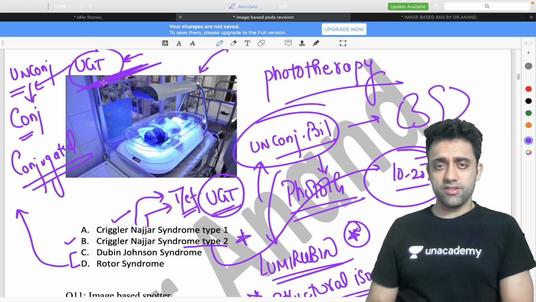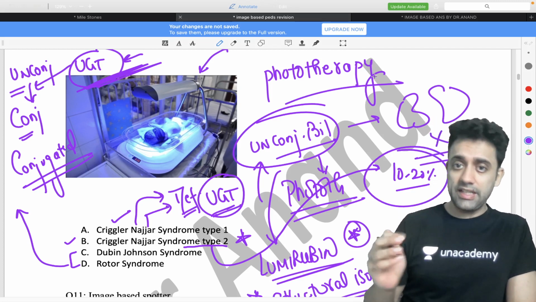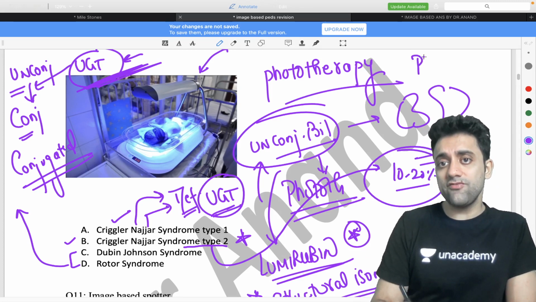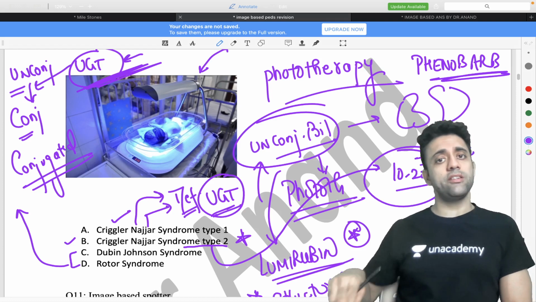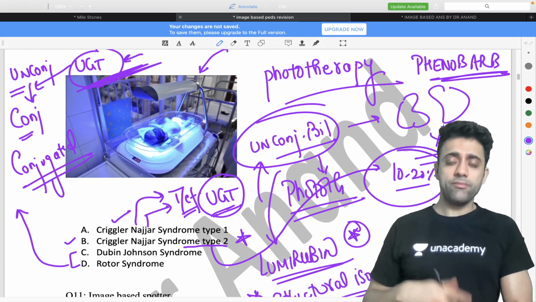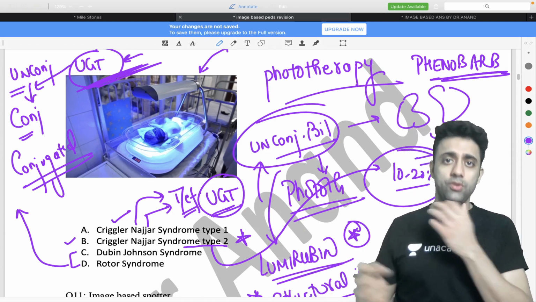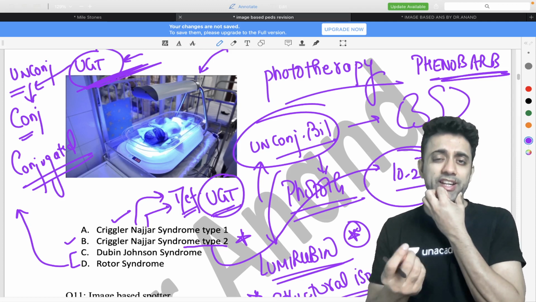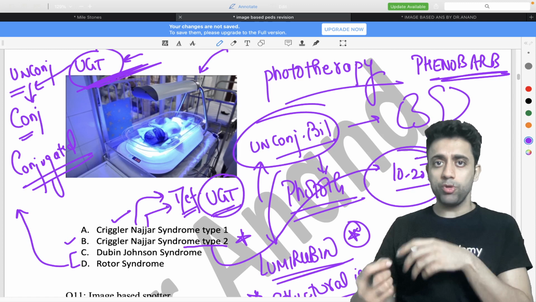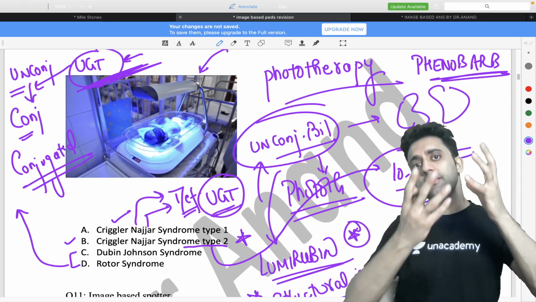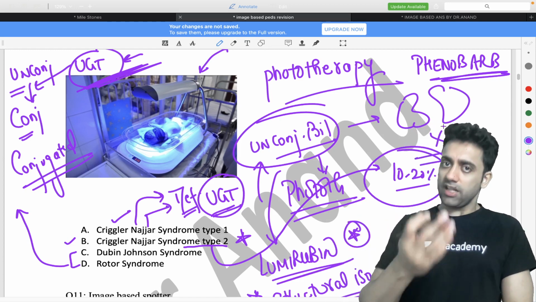The drug of choice to increase the activity of the UGT enzyme is phenobarbital. Very important, phenobarbital is the drug of choice for Crigler-Najjar syndrome type 2. Why not in type 1? Because in type 1 there is a total absence of the UGT enzyme. In type 2, phenobarbital pushes more and increases the enzyme activity, so the conversion is more.